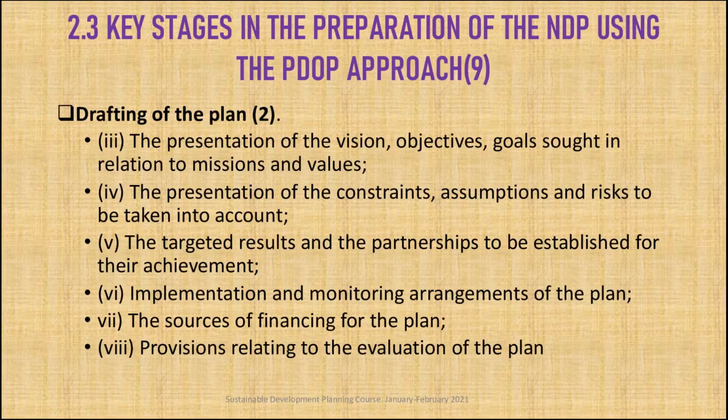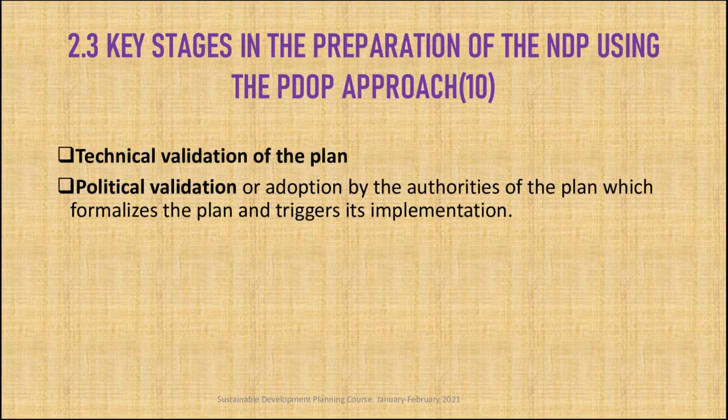Follows the presentation of the vision, objectives, and the goals sought in relation to mission and values, the presentation of the constraints, assumptions and risks to be taken into account, the targets, the results, and the partnership to be established for the achievement, the implementation and monitoring arrangements of the plan, the sources of financing for the plan, and provisions relating to the evaluation of the plan.